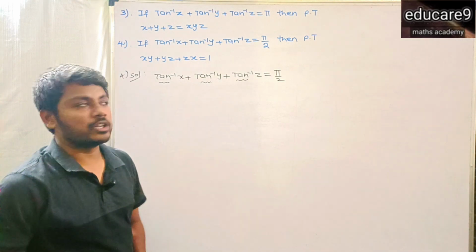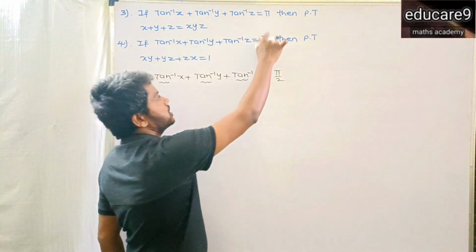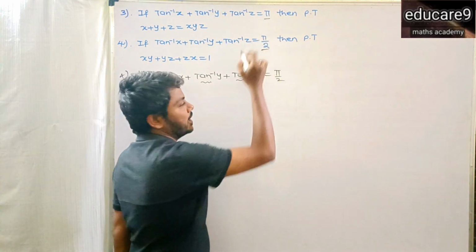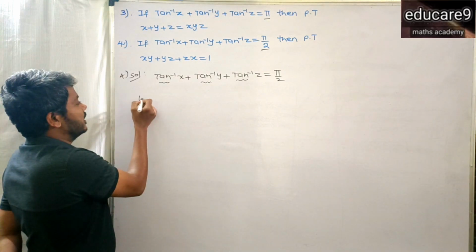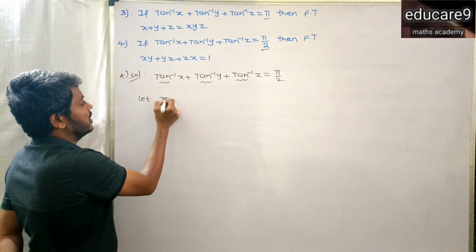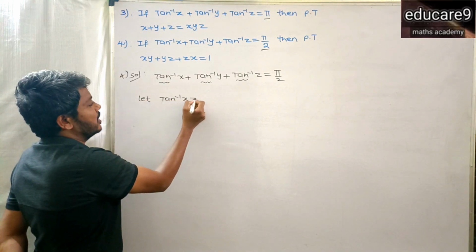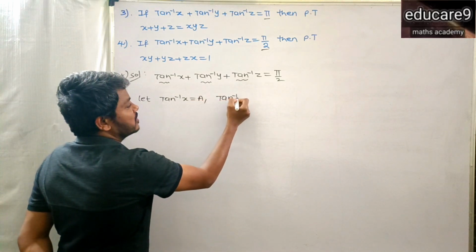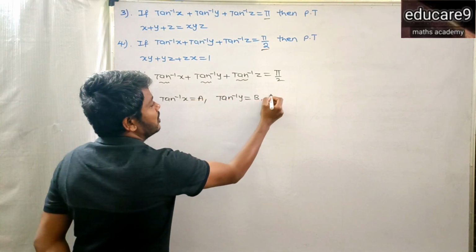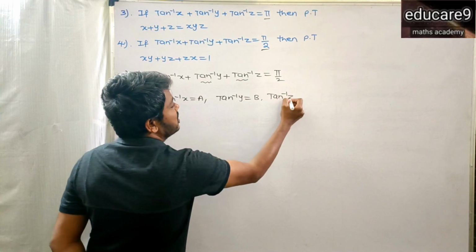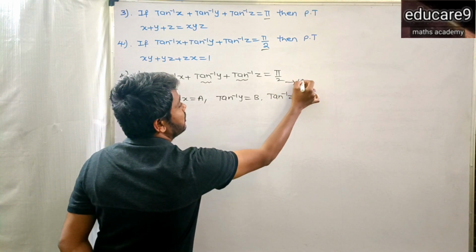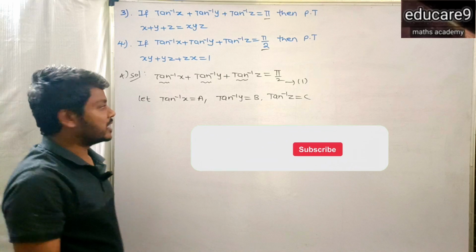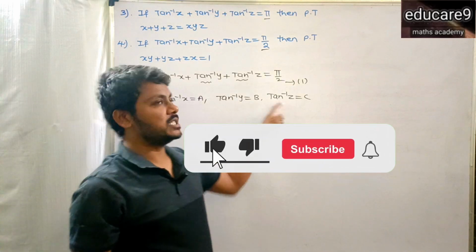So this is also similar to the previous one; just the angles are different. Clearly, let us consider the first term, tan⁻¹x equals A. Second one, tan⁻¹y equals B. And third one, tan⁻¹z equals C. From this, you can write the values of x, y, z.